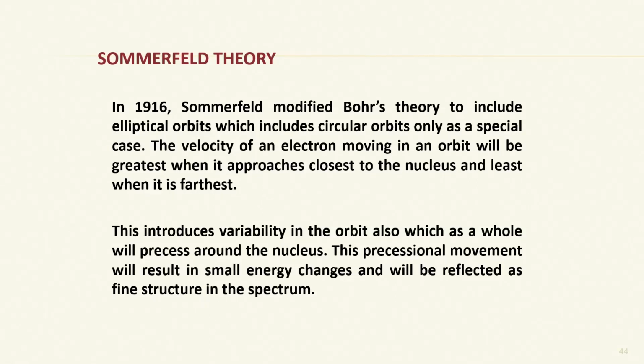So, this was the improvement over Bohr's theory. Bohr's theory was somewhere around 1913, but subsequently 1916 is a fairly long time in the chronology of the development of science.